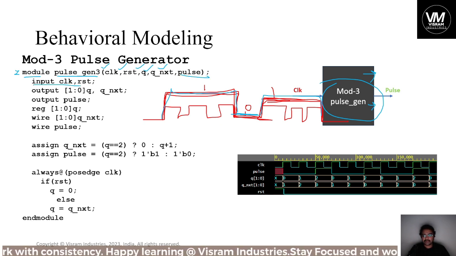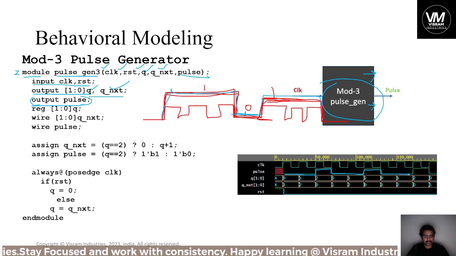And why are we taking Q and Q next? Because to have some reference for the clock pulse of the data. For this pulse we are actually working it. So then all outputs are registers as I said, and all inputs are wires.